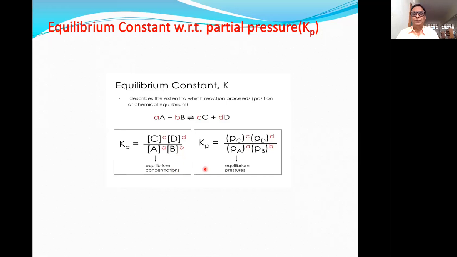And for the same reaction, if it is in a gaseous state, you can write the expression of the equilibrium constant in terms of pressure as Kp is equal to Pc raised to c into Pd raised to d, divided by Pa raised to a into Pb raised to b.